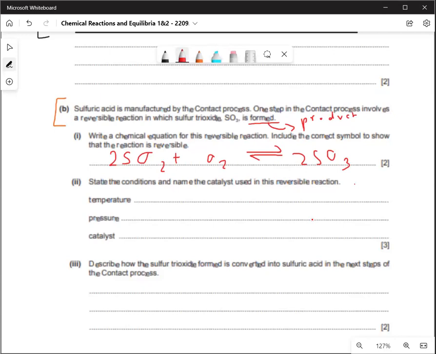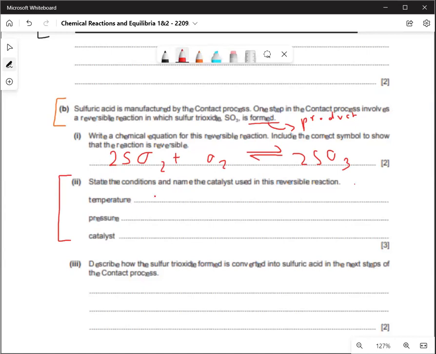Okay, Niranjana, next question. State the conditions and name the catalyst used in the reversible reaction in the contact process.